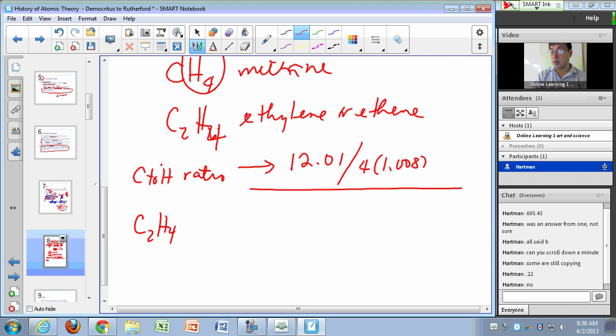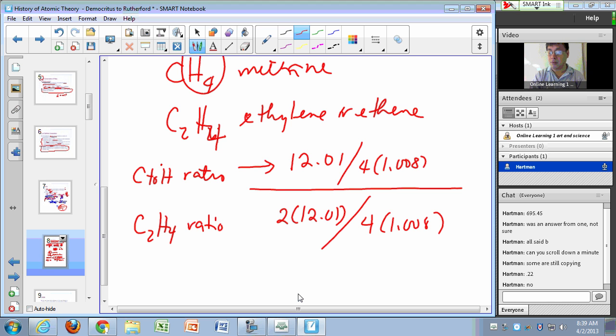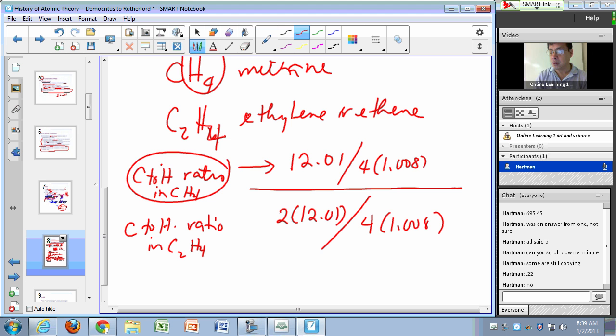C2H4. The ratio would be 2 times 12.01 divided by 4 times 1.008. So this is the ratio in C2H4. The one on top here is for methane. The one at the bottom is for ethylene, C2H4.